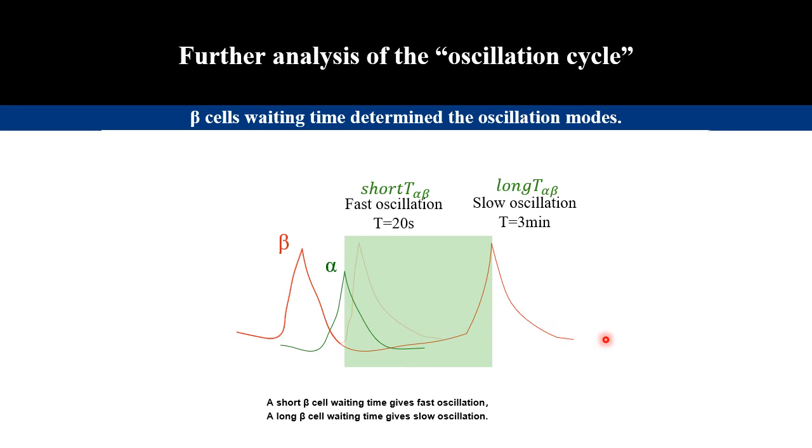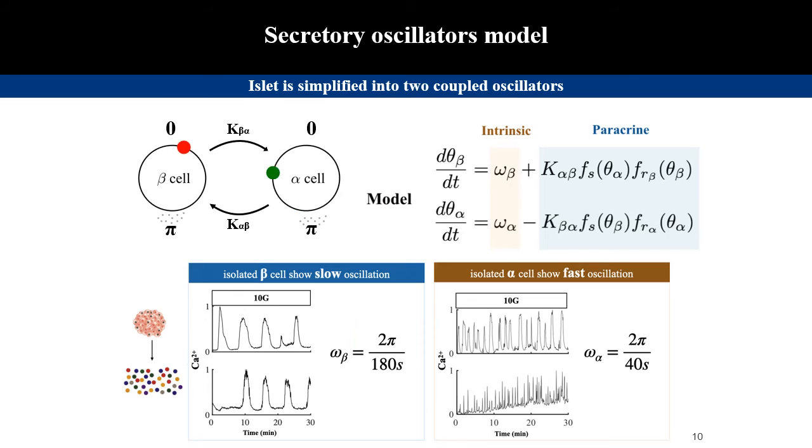We further assume maybe this pattern is generated by different paracrine secretion, maybe the glucagon amount secreted by the alpha cells. As a student from a mathematics background, we test this hypothesis by using mathematical models.